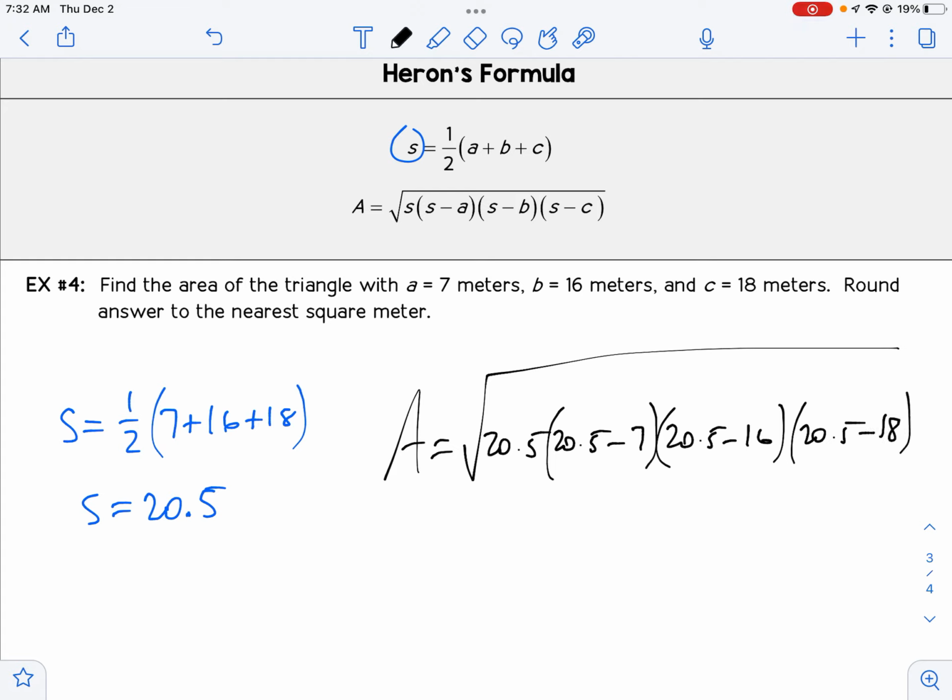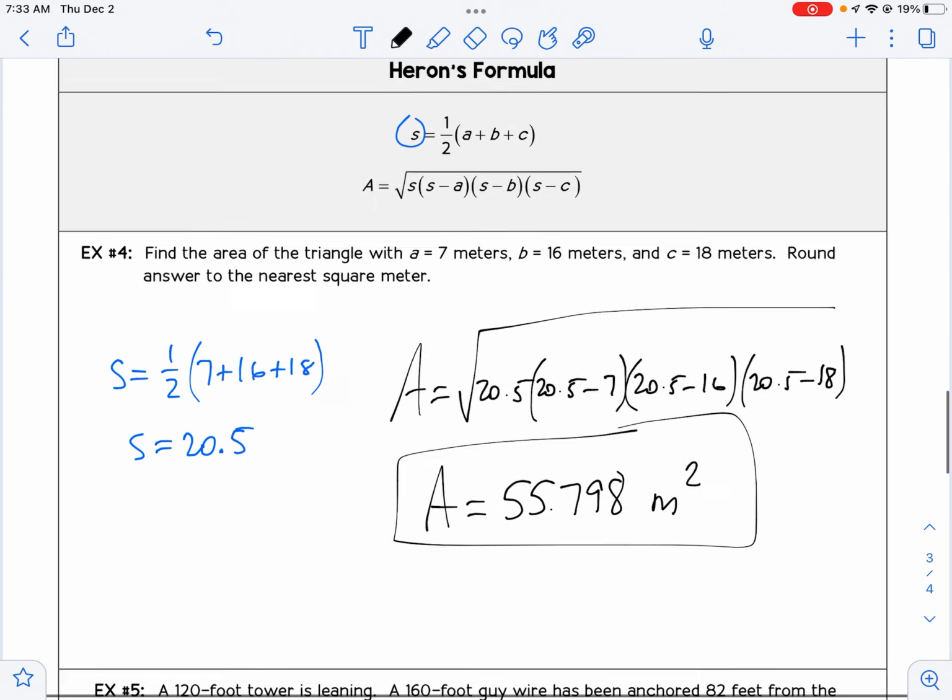It's a formula, so I can plug all of that into my calculator at one time to figure out the area of this non-right triangle, where I only know three sides. If I do that, I should get 55.798, in this case meters squared. And then we will provide directions for rounding for you.